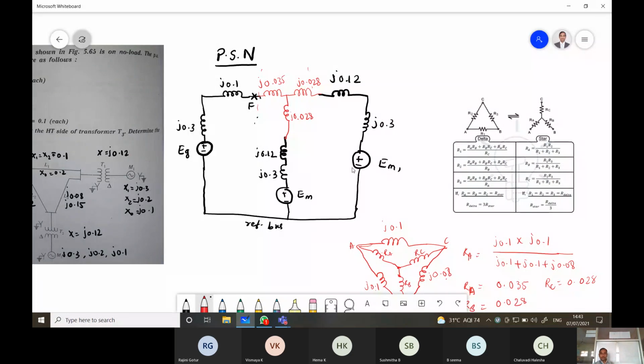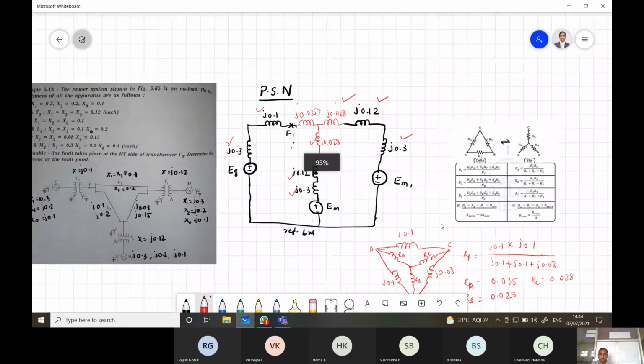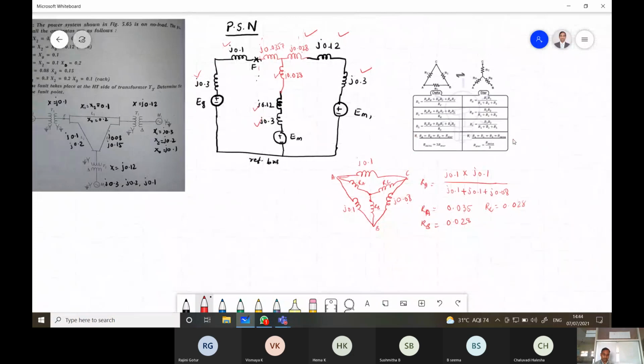So now simplify the circuit. So this one, this one, this one, three are in series. And this one and this one are in series. This one and this one are in series. And write this one as it is, because here fault is there. Keep this reactance as it is. So now simplify this circuit. So what happens? You will get the circuit like this.